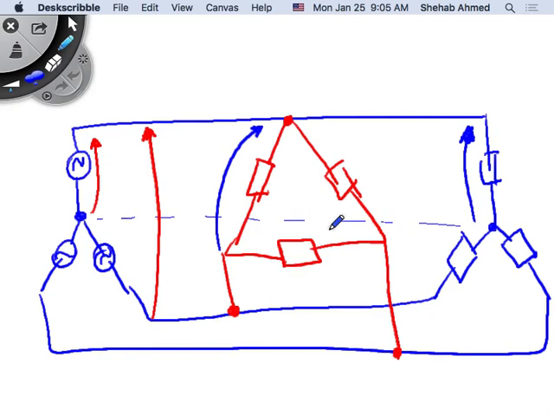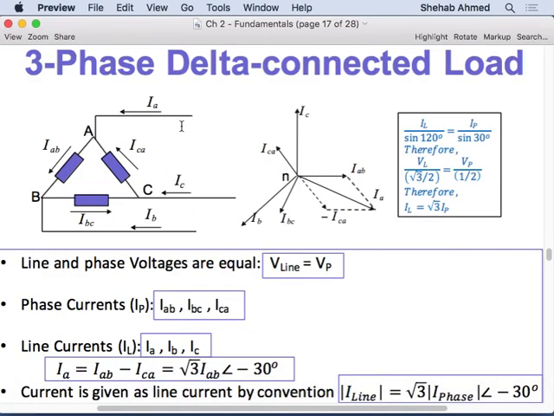First, let's learn about the voltages and currents in a delta and look at those relationships, and then we'll see what we can do about it. In a delta connected load, the line currents are not equal to the phase currents anymore, because there's a node here.